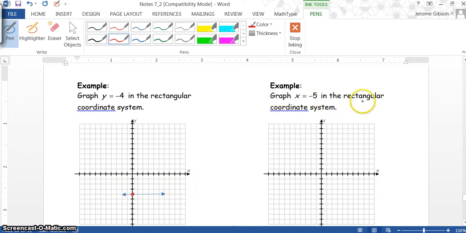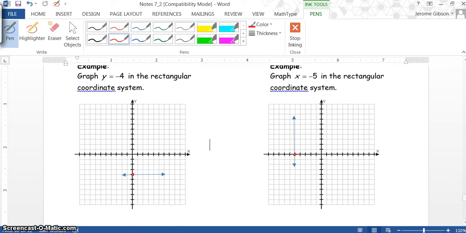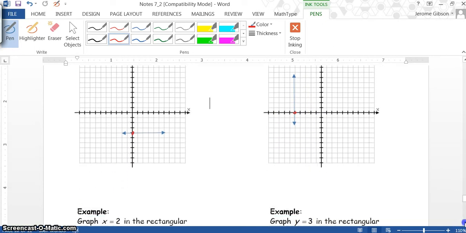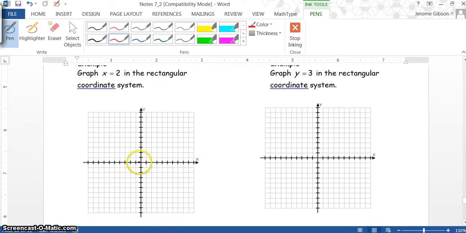Now we have graph x equals -5. Now if we go on the x-axis to -5, 1, 2, 3, 4, 5. So we go 5 to the left, and then we would draw a vertical line here. And here's my vertical line. Now, we scroll down. It says graph x equals 2. So we will go to where x is 2.